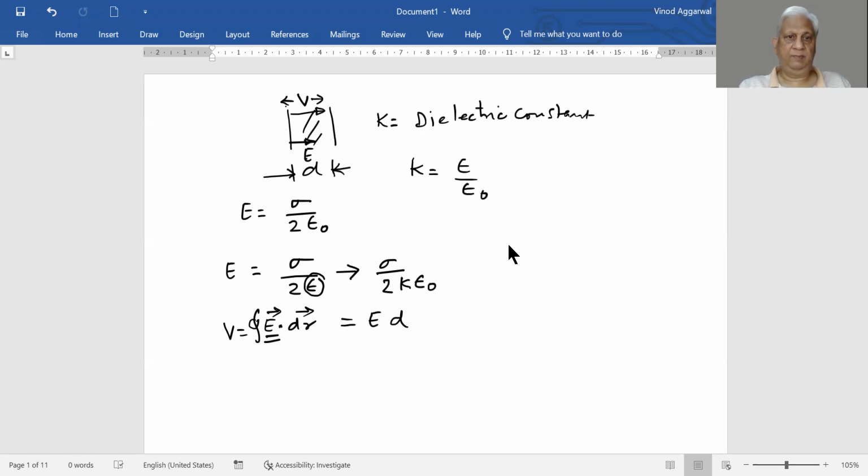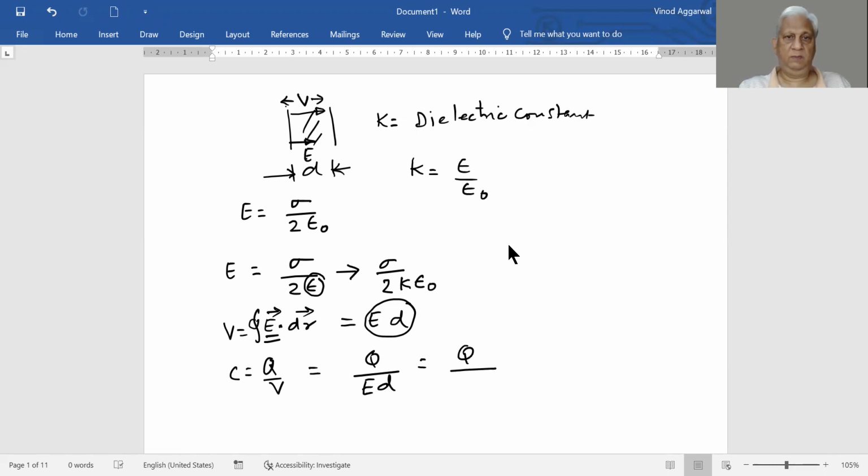So by definition, capacitance is Q by V. V we have got here. What we can write is Q by E d. And what was E?